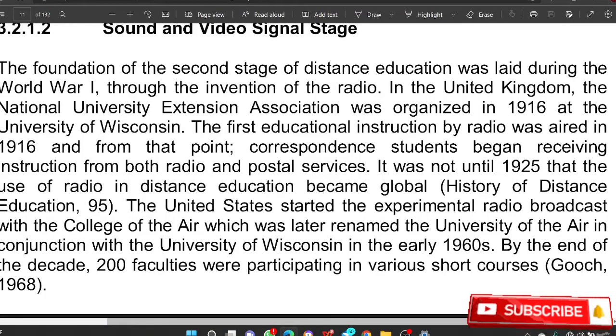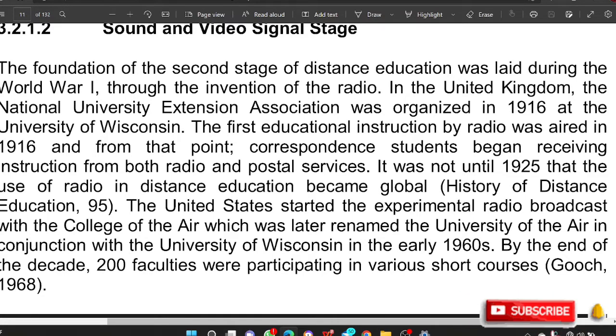The National University Extension Association was organized in 1916 at the University of Wisconsin, and in 1925, radio in distance education became global.